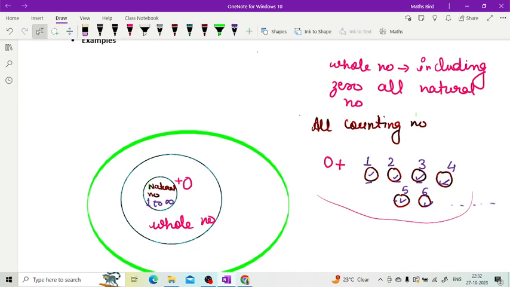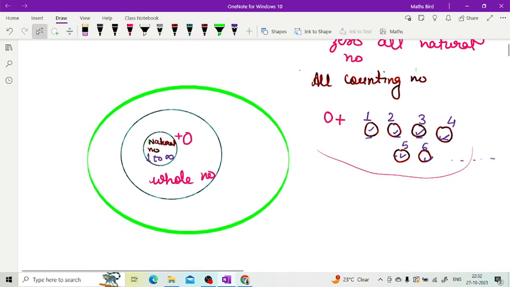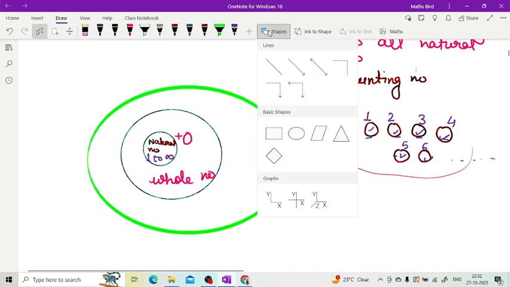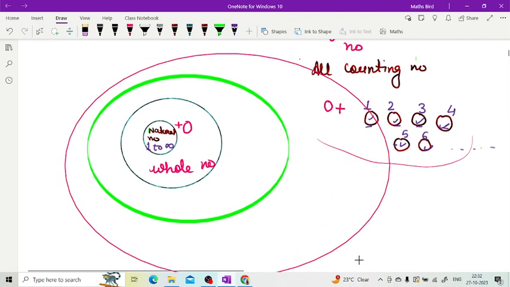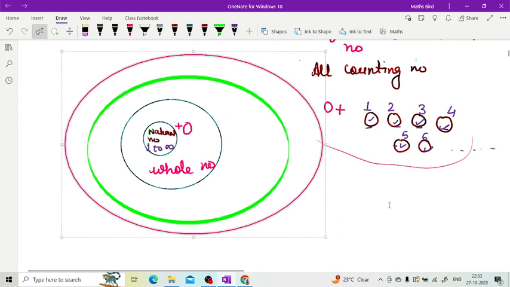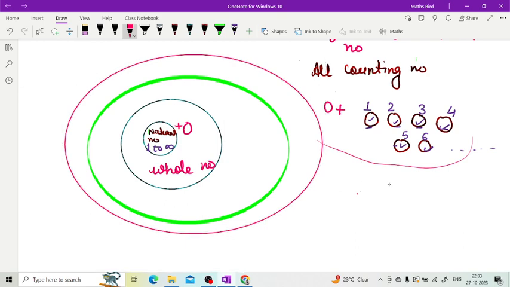Now the second thing is, what is an integer? And after integers we will discuss rational numbers. So what is an integer? This is 0. See, the first thing is 1, 2, 3, 4 up to infinity. These are natural numbers.